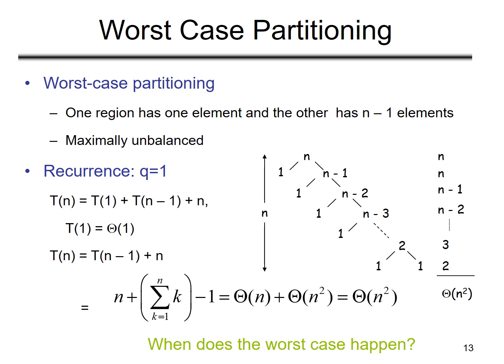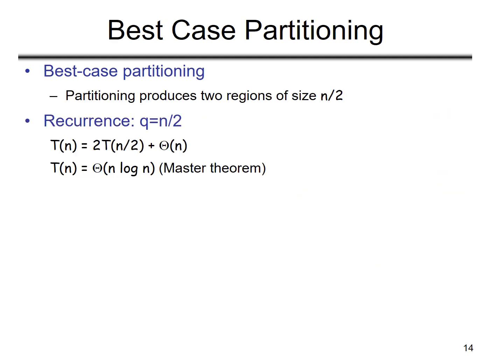If this continues, then by the time I reach a problem of size n, the depth of recursion would be n. So I'll have n levels of recursion, and each time I'll have n work to be done. So the worst case time complexity happens to be n square.